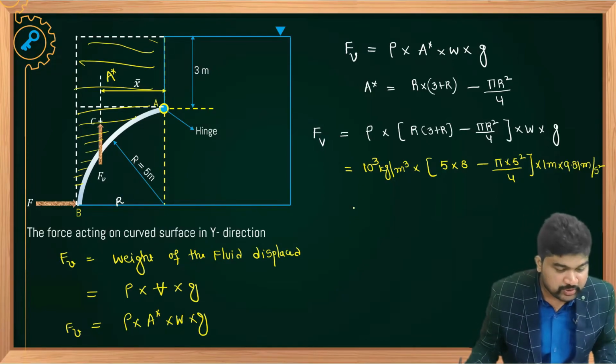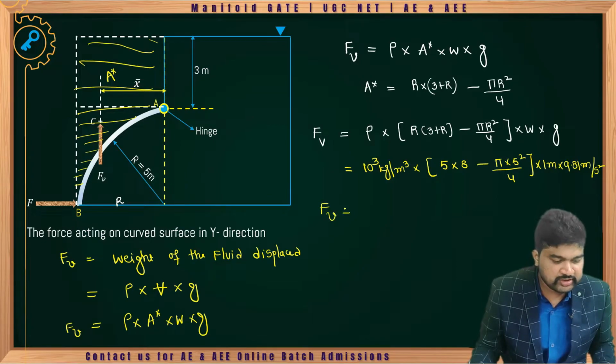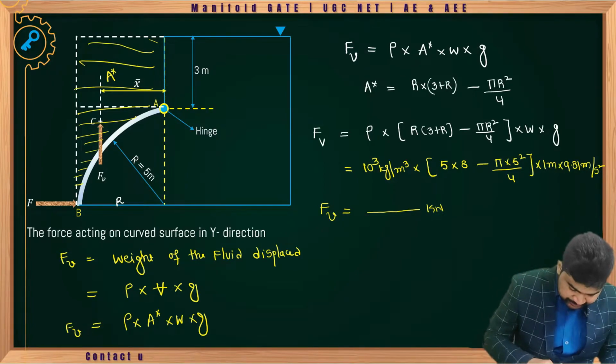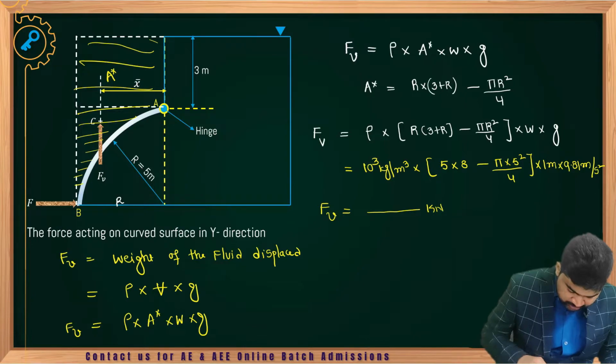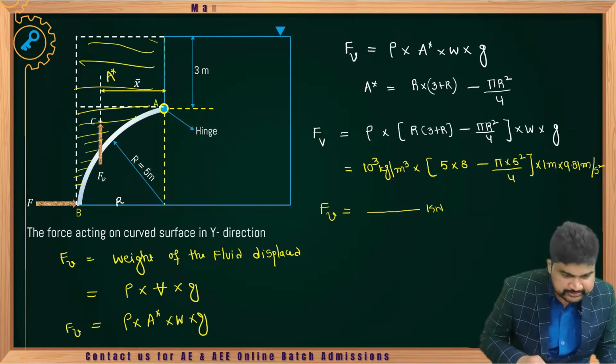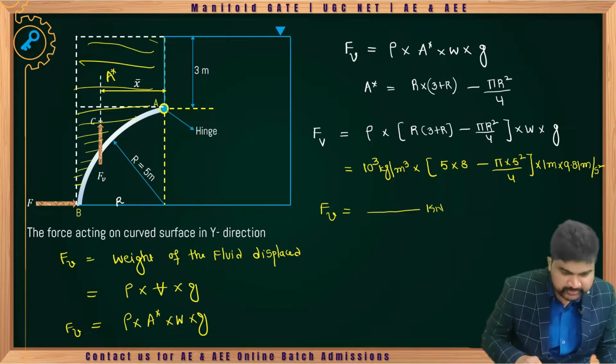Now tell me, what is the magnitude of Fv here? What is the magnitude of Fv in terms of kilonewton? Tell me. In terms of kilonewton, 5 times 8, that is 40, minus pi r square by 4, clear na, into 9.81, clear.